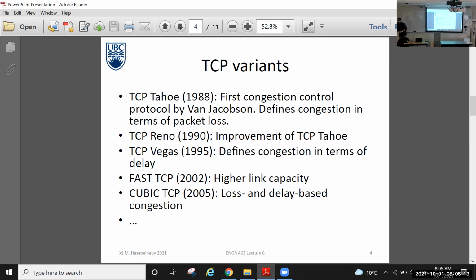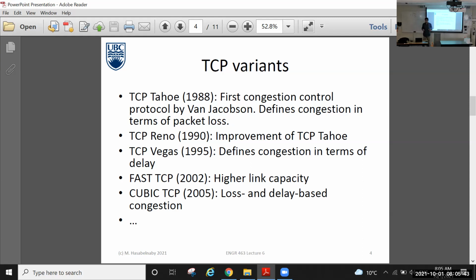So based on these accidents, we have packet loss based transmission control protocols, and we have delay-based transmission control protocol. Our first version is called TCP Tahoe, okay, it was a packet loss TCP protocol.